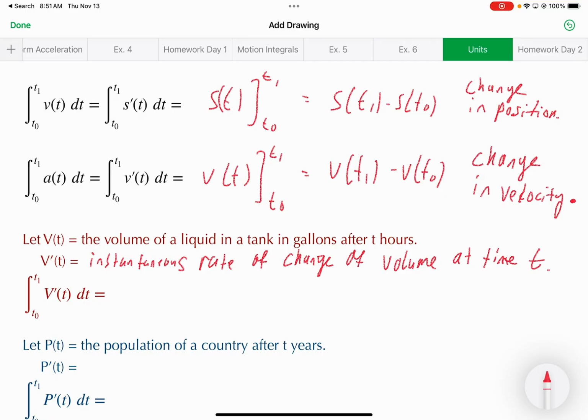What would be my unit of measure? Good job. Gallons per hour.